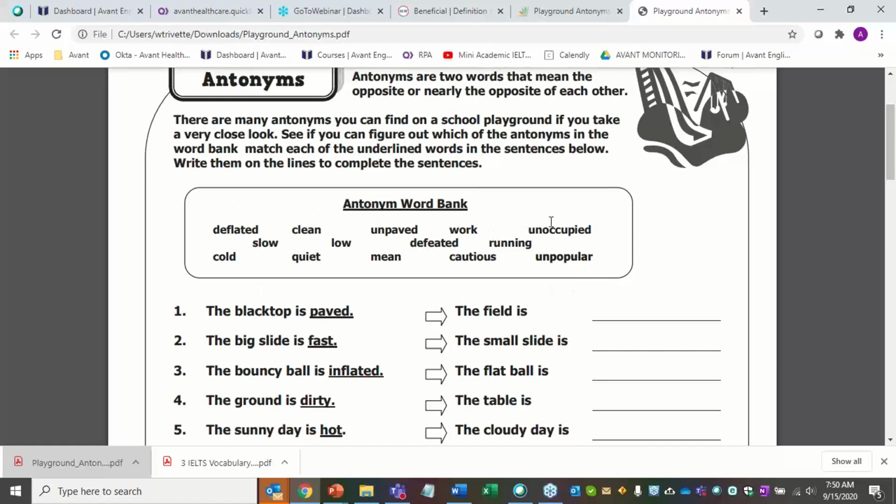All right. So number 1, the blacktop is paved. Who has the antonym for that one? Anyone know the antonym for paved from the word bank? Who's participating today? Raise your hand if you're going to participate.